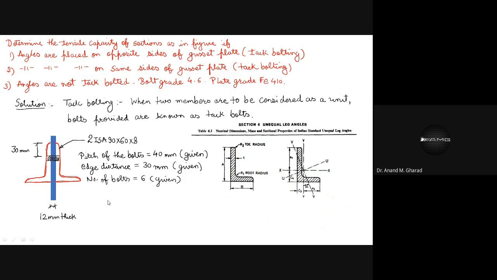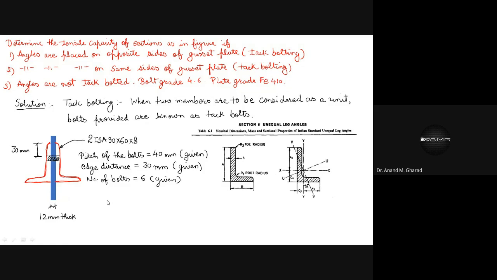Let us understand how to use whatever we have studied till now. We have studied the calculation of VDSB, VDPB, that is the capacity of the bolt. Then we have also covered the net section rupture capacity of the plate. We have also seen the tension capacity of the bolt, the combined effect of tension and shear on the bolt, and the connection as a whole, isn't it? Now let us utilize this knowledge of modes of failure.